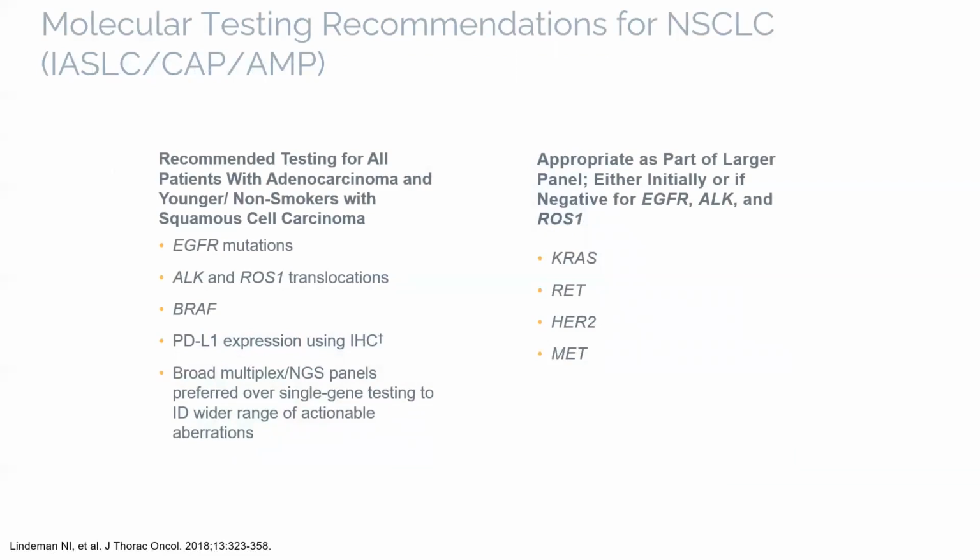Broad panels are recommended over single gene testing, as biopsies often are limited in terms of the amount of tumor tissue present. The 2018 recommendations list KRAS, RET, HER2, and MET testing as appropriate as part of larger panels, but this is likely to change with current therapies for patients harboring KRAS G12C mutations, MET exon 14 skipping mutations, and RET fusions showing really promising results.